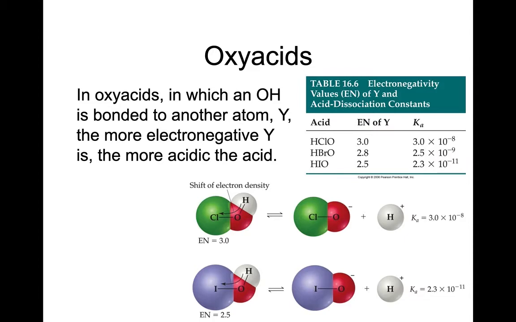Let's just say this general atom is Y. The more electronegative this Y atom is, the more acidic the acid will be. So if you've got an oxyacid where you've got an O bonded to an H somewhere, the more electronegative your additional ion is, be it chlorine, bromine, or iodine, the more acidic your acid's going to be.